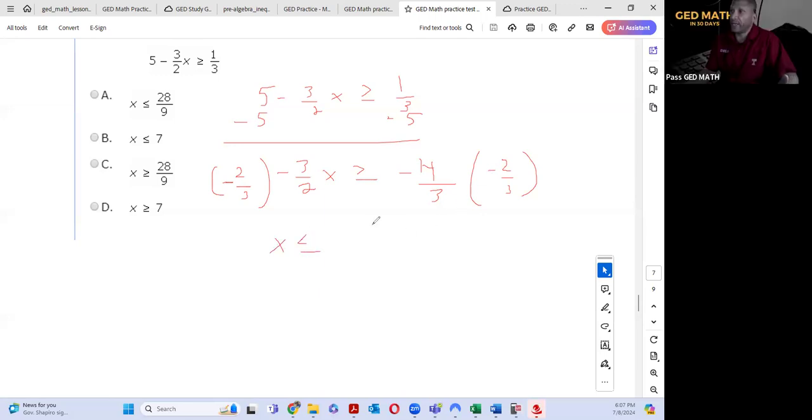So we get 28 over 3, because minus 14 times minus 2 is a positive 28. 3 times 3 is 9. So we get x is less than or equal to 28 over 9. We're done. There's your answer right there.